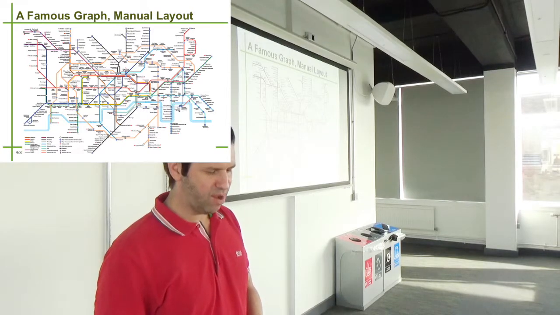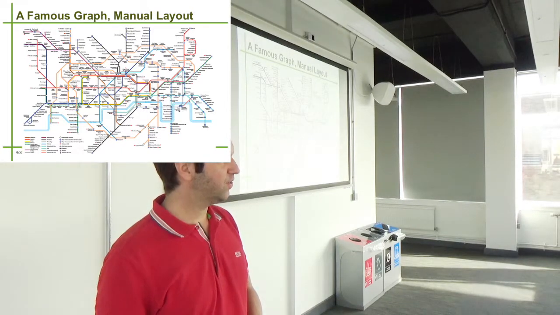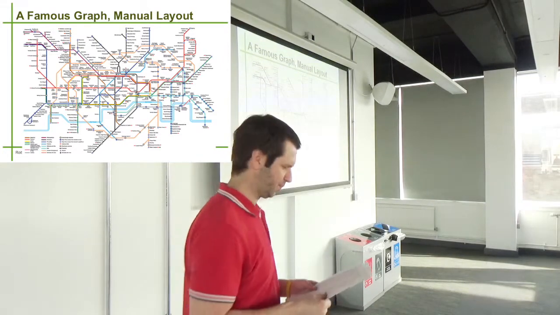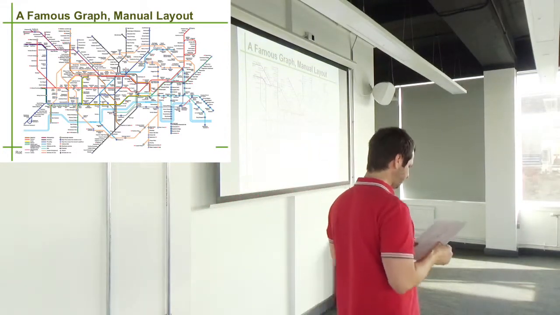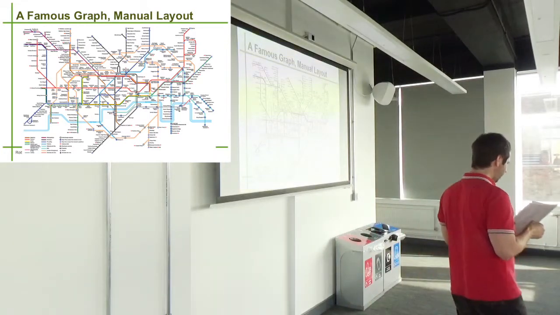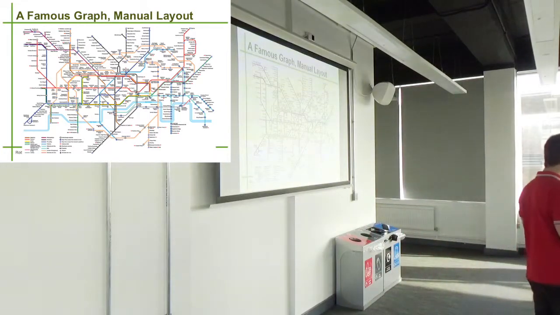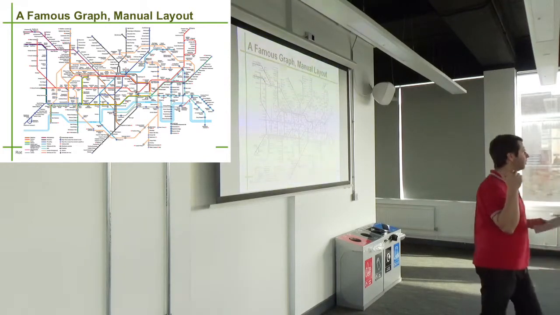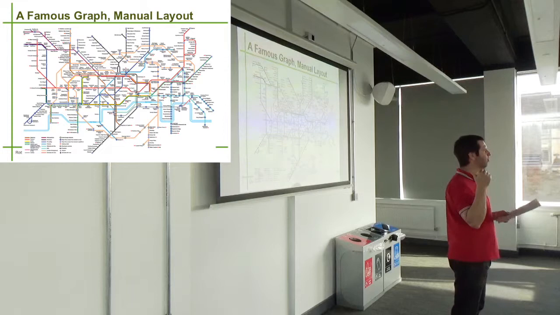Here's a famous graph. Anybody know what that is? Yeah? I recognize some of these names. I'm surprised. Oliver Clark. Where's Oliver Clark? What is this? Train map of what? Okay, you can't see it?